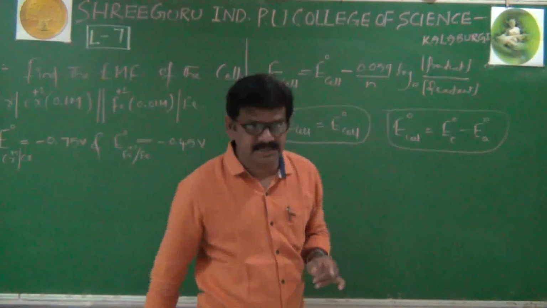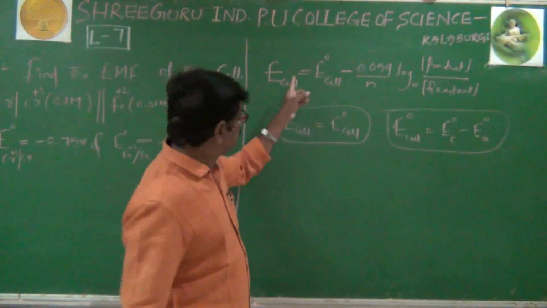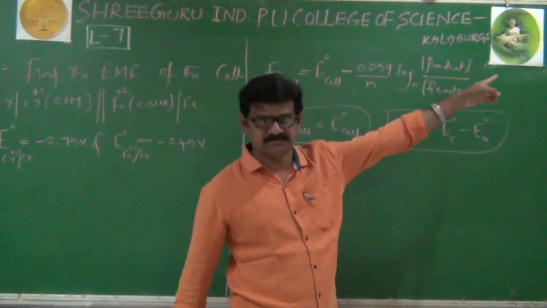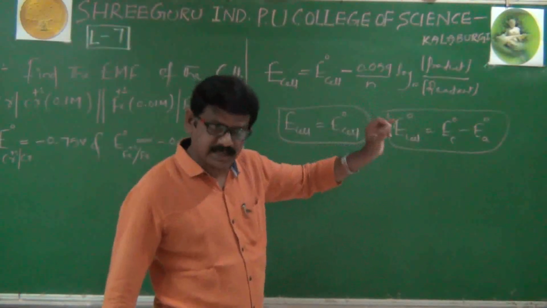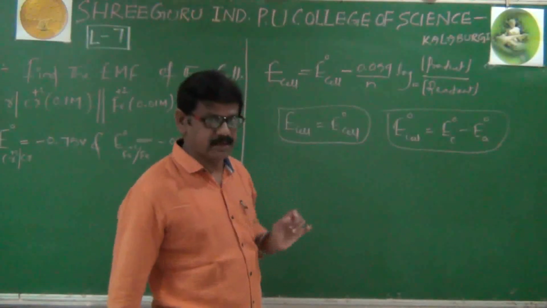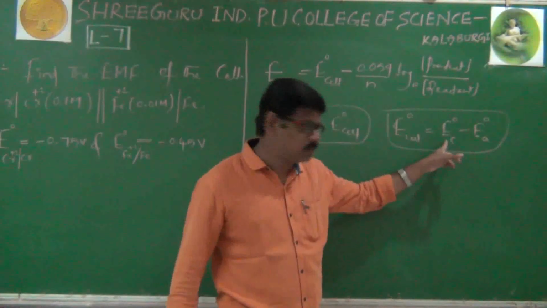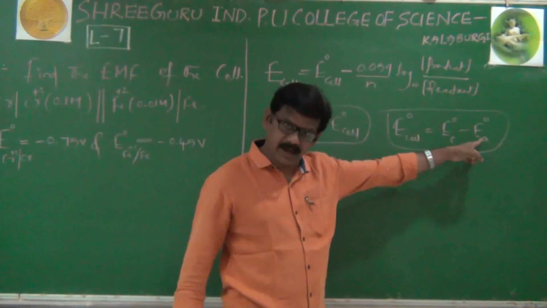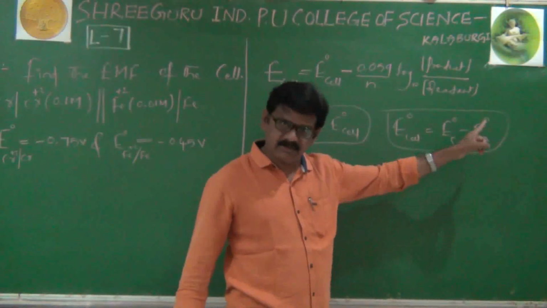If the concentration is not 1 molar, then to get the cell potential we have to use the complete formula. If the concentration is exactly 1 molar, we directly use E naught cathode minus E naught anode, or E naught right minus E naught left.